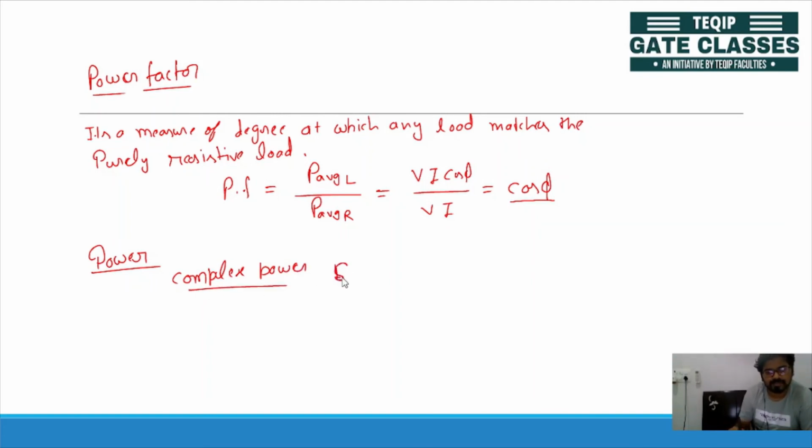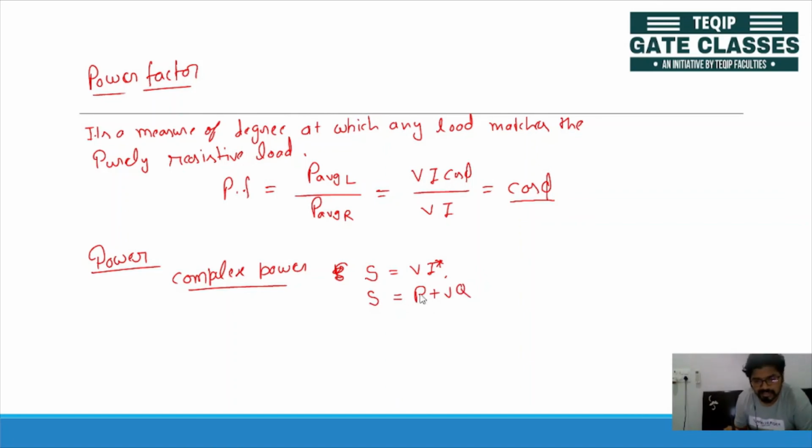We can represent it as S equals V I star. If we have V in polar form and I in polar form, we can multiply V by I conjugate, then we will get our complex power, and it will be a complex number, let's say P plus jQ.